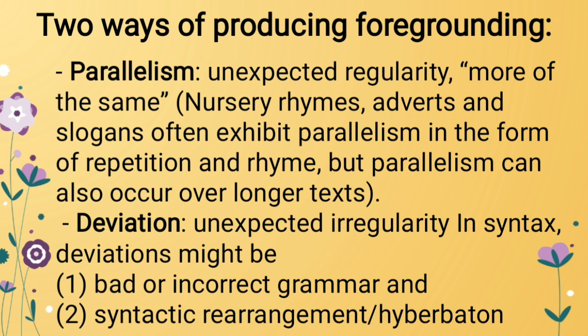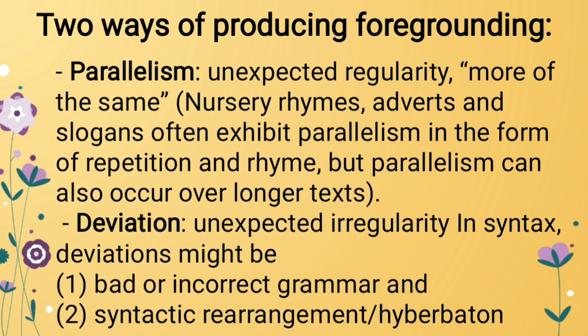But this makes the sentence foregrounded because it makes your sentence stand out in that literary text. Deviation is when you break the usual rules of grammar or sentence structure. As we all know, there are rules when it comes to making a sentence, like subject-verb agreement, but this kind of sentence does not follow the rules.